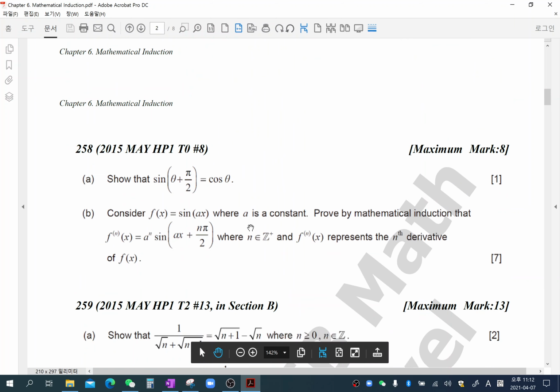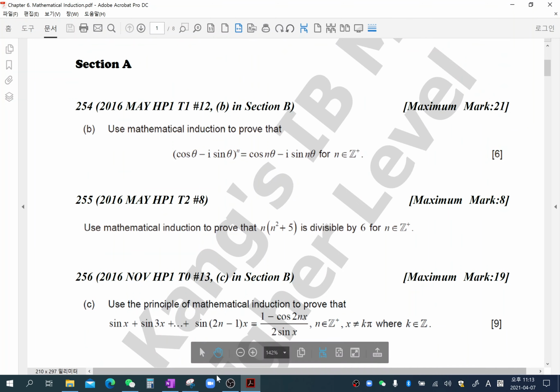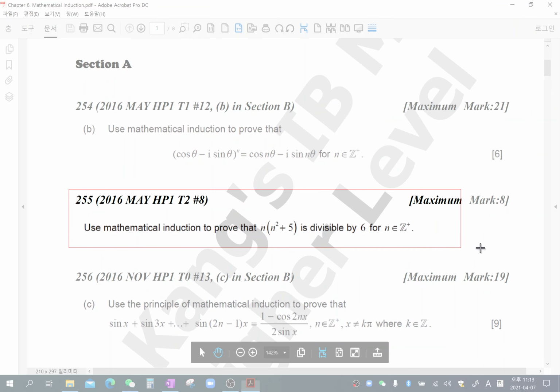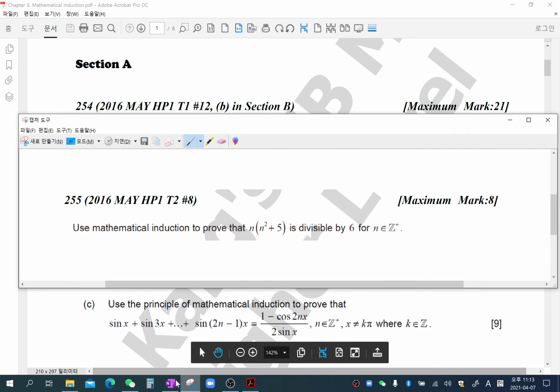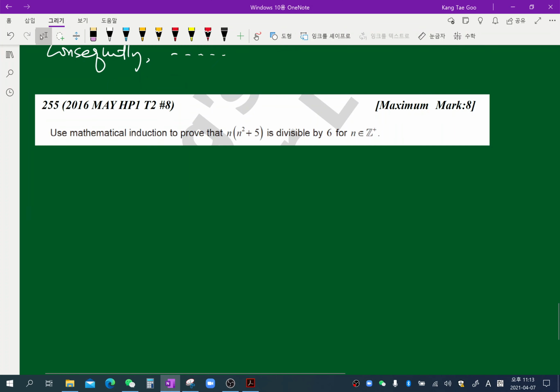Okay, the last one, I will go for another example today, that is divisibility. This is the divisibility question.